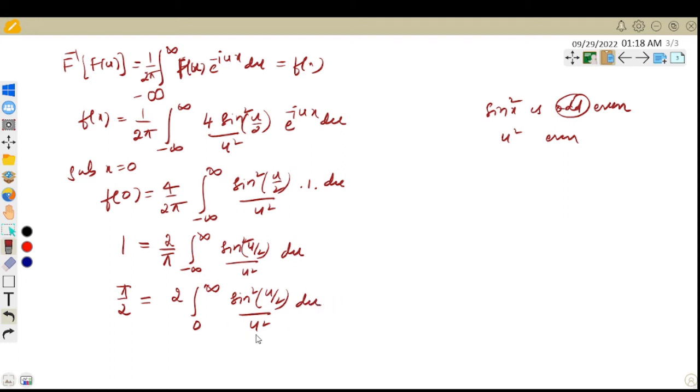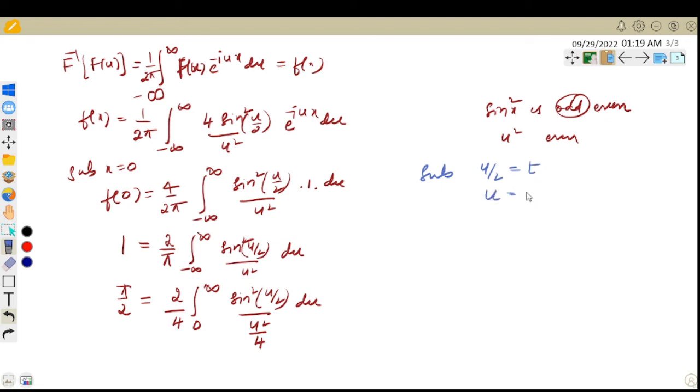Okay. So here, student, we can divide by 4 and multiply by 4. Why am I doing it in this manner? Because I am going to substitute here. Substitute u by 2 is equal to t.